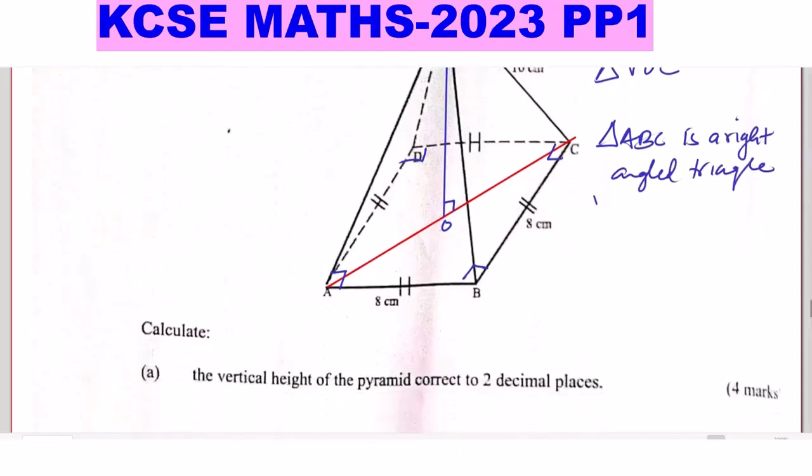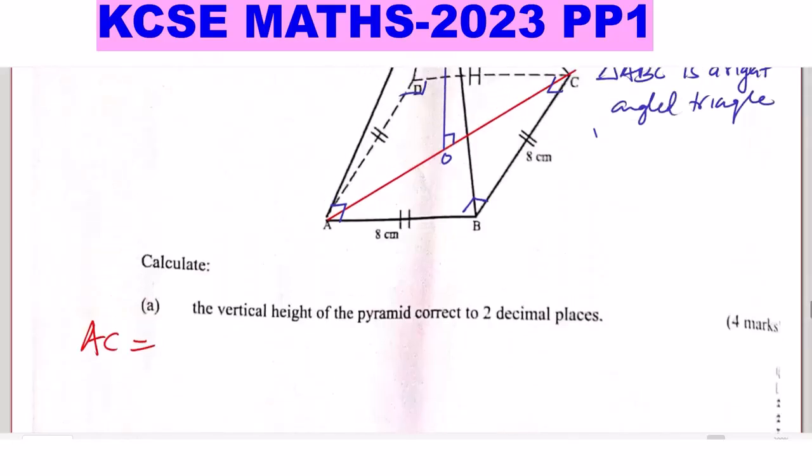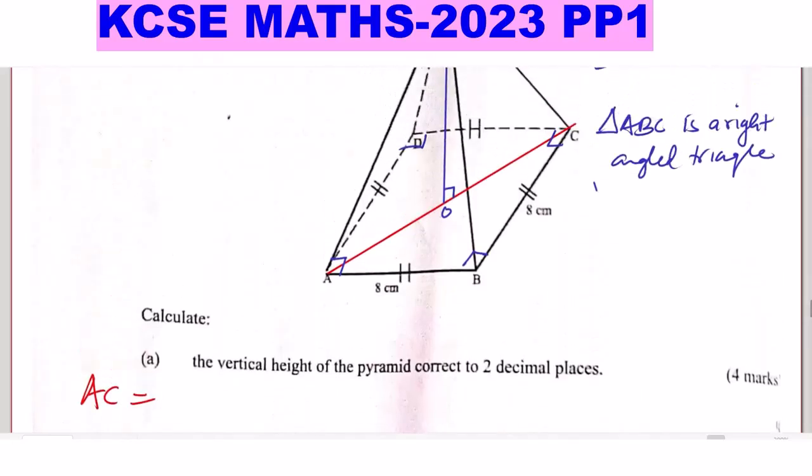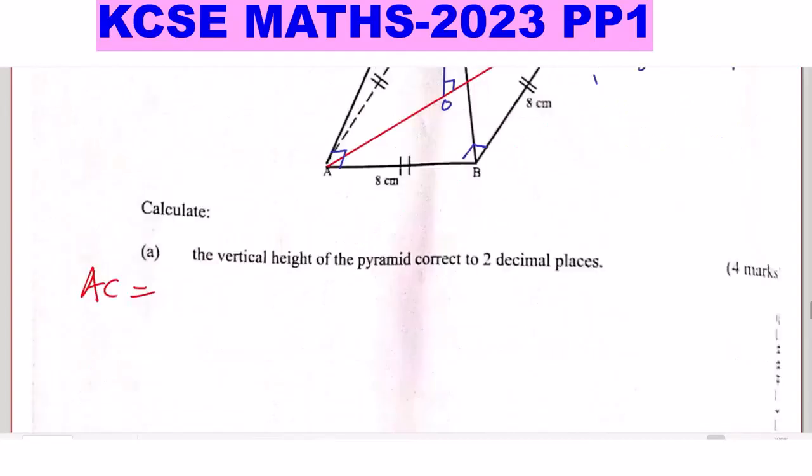AC, the hypotenuse, will be given by the square root of 8 squared, that is AB, plus BC, 8 squared, using Pythagoras theorem. So this will be 64 plus 64, which gives the square root of 128, which gives 11.31 centimeters. That is AC.